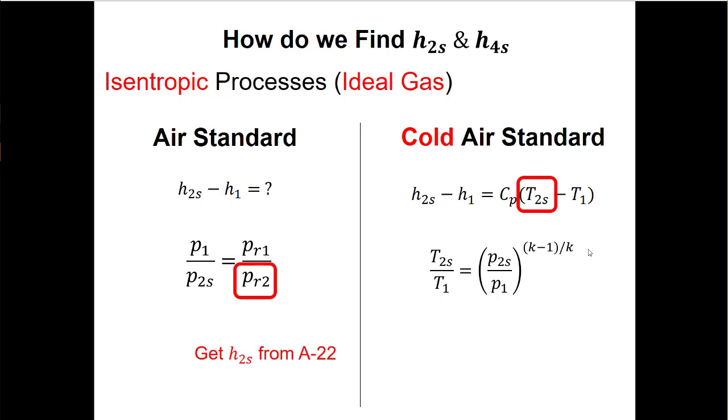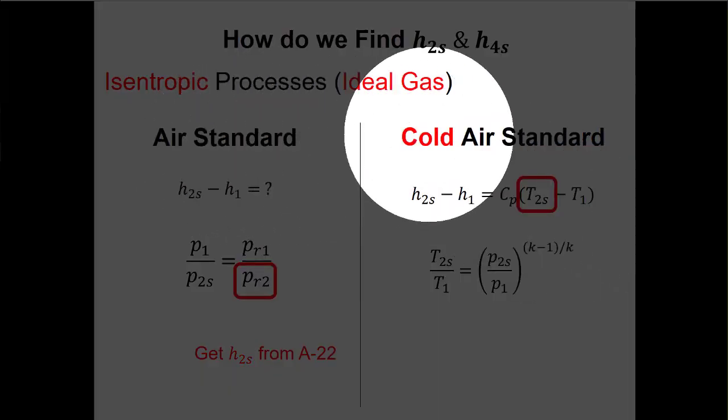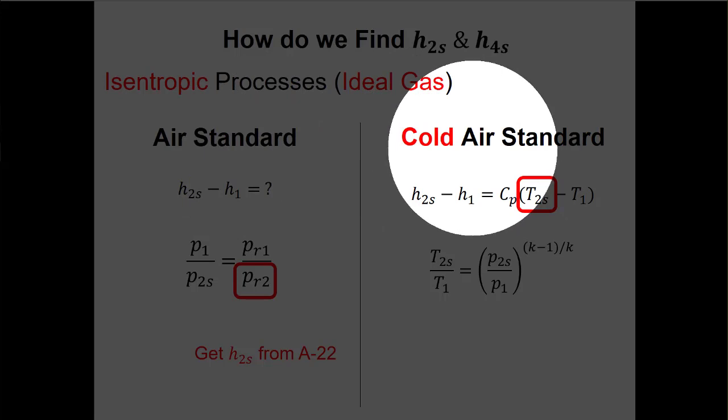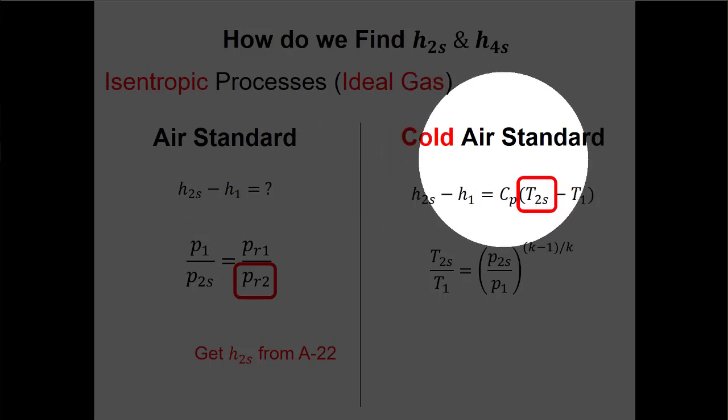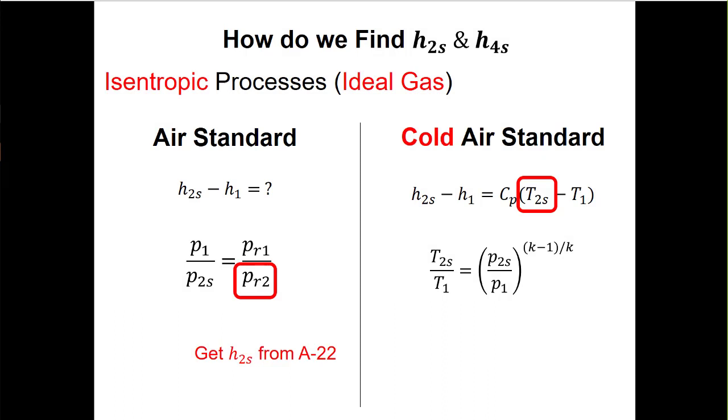And the isentropic relationships are different if it's variable specific heat or an air standard analysis, or constant specific heat or a cold air standard analysis. So if it's variable specific heat, in our equations, when we have delta h, we're actually going to find the individual values of h, right? So to do that, we're going to look for an isentropic relationship, right?